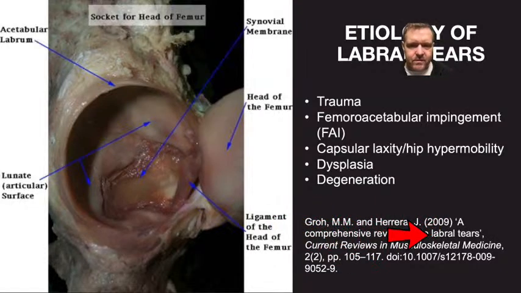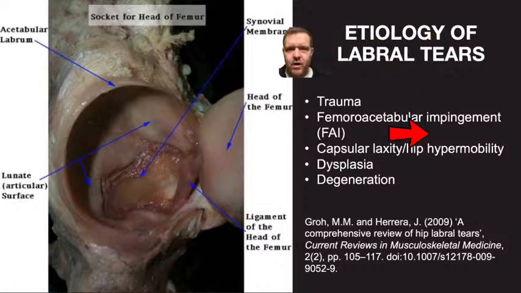So this is from this paper back in 2009. This is a comprehensive review of hip labral tears. So this is what we were just looking at on the video. So we've got the labrum and the articular surface, the ligamentum teres, and then the head of the femur just there. So the etiology of labral tears, etiology is like the story of how it happened. The story of labral tears is usually trauma, so some kind of impact or fall. Femoroacetabular impingement, so some kind of squashing in between the femur and the acetabulum, the ball and socket basically.